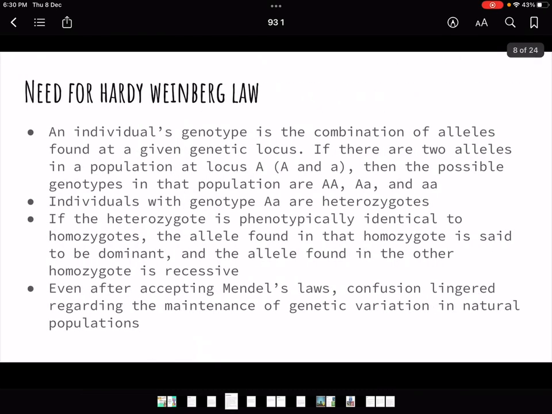Okay, so this is what we have written here. Now, what is the need for the Hardy-Weinberg law? We have revised what Mendel was saying.